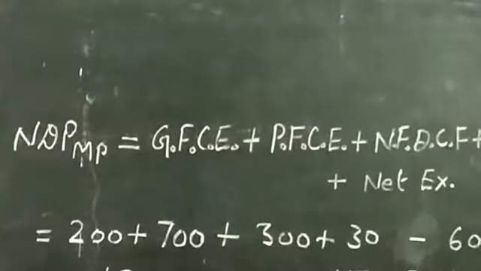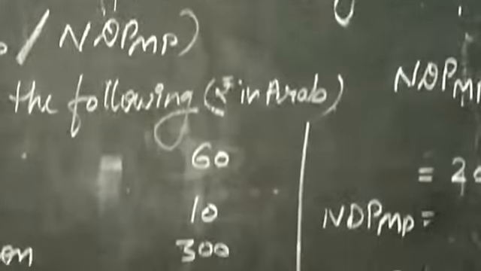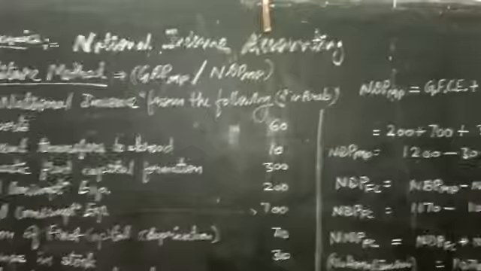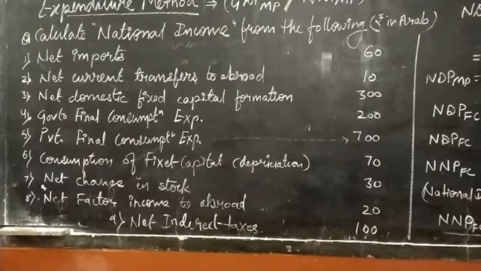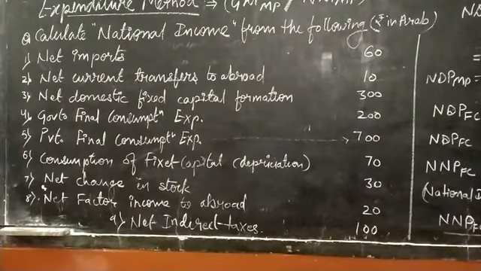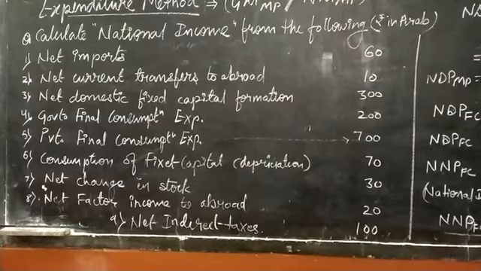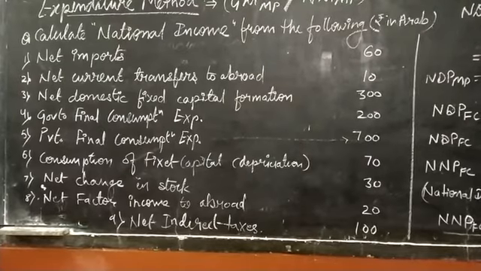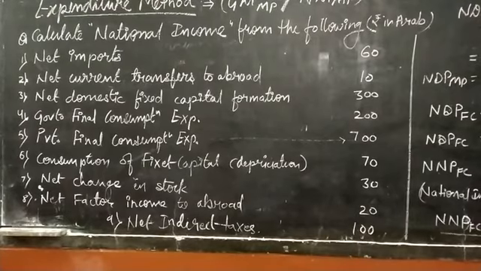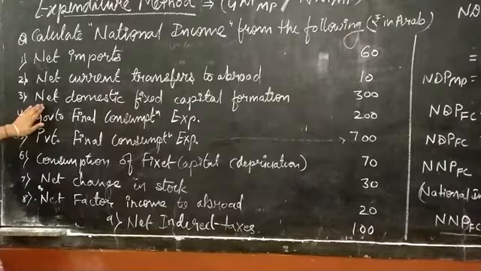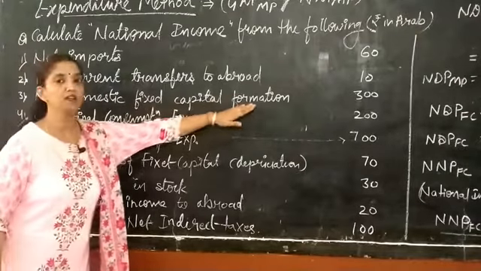First of all, look at the values which are given. We have to focus on the domestic capital formation. Domestic capital formation is not given directly in our question, but instead we are given net domestic fixed capital formation.